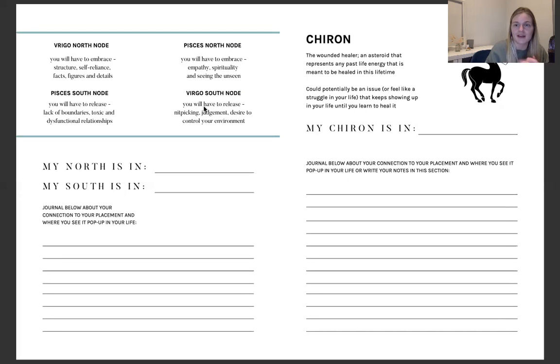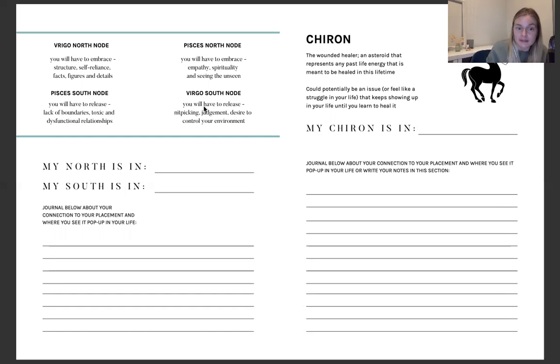Chiron is going to look like a key on your chart. So sometimes I feel like it's the key to unlocking something, right? I do not have one for each sign, but if you look at Chiron, something that needs to be healed in your life, and then you look at all the signs, you can pick it out with the chart interpretation, which we can go over in the live. But I'm going to give you my example.